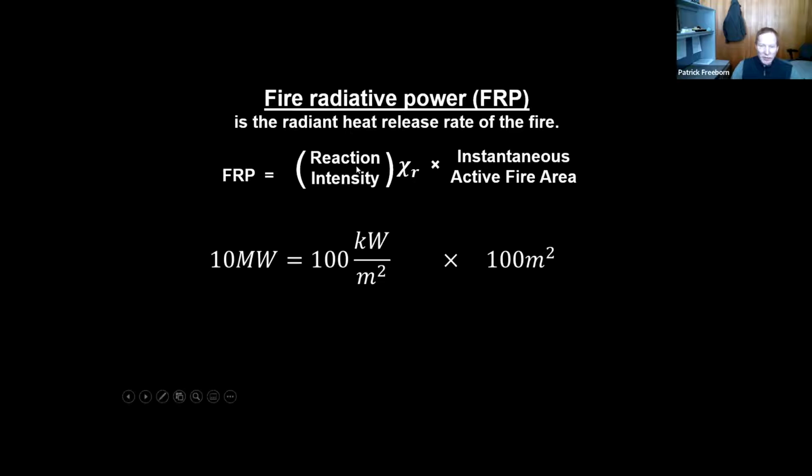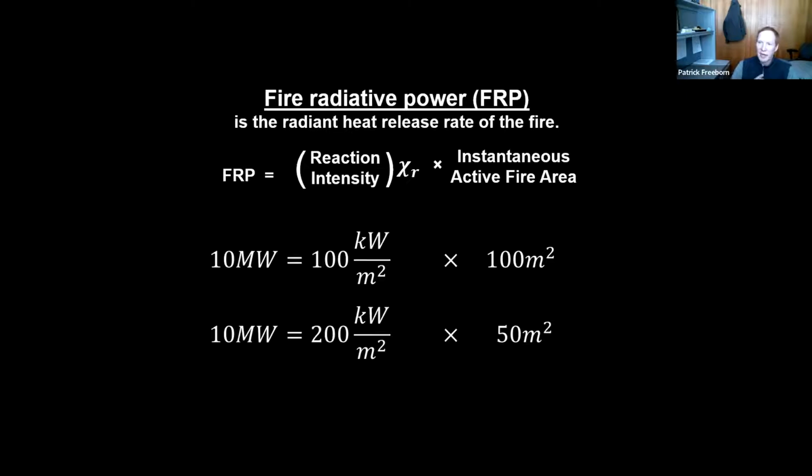So for example, if you have a 10 megawatt active fire pixel, it could be due to a low intensity fire that's large, or you can also get the same 10 megawatts from a high intensity but smaller fire, right? So if you double the reaction intensity and cut the instantaneous active fire area in half, you get the exact same fire radiative power. It's really important to understand that different types of fire can give you the exact same fire radiative power.